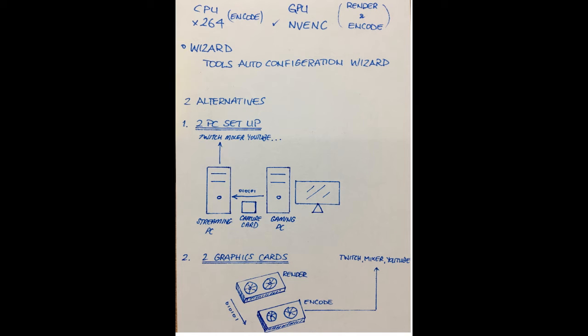So we can be looking at 2016 cards, perhaps down to 2012, maybe even lower. So the job of the second graphics card is only to encode the information and then send that to Twitch, Mixer, or YouTube.